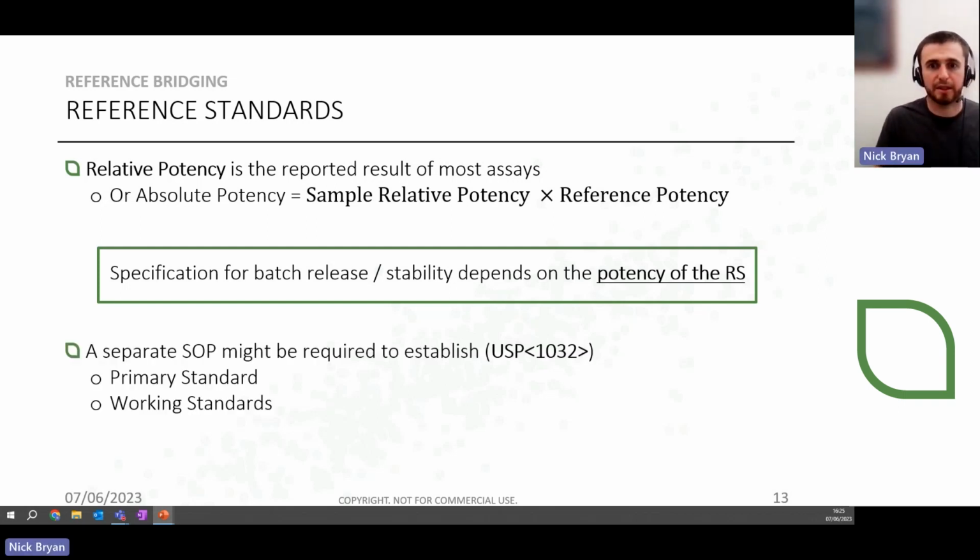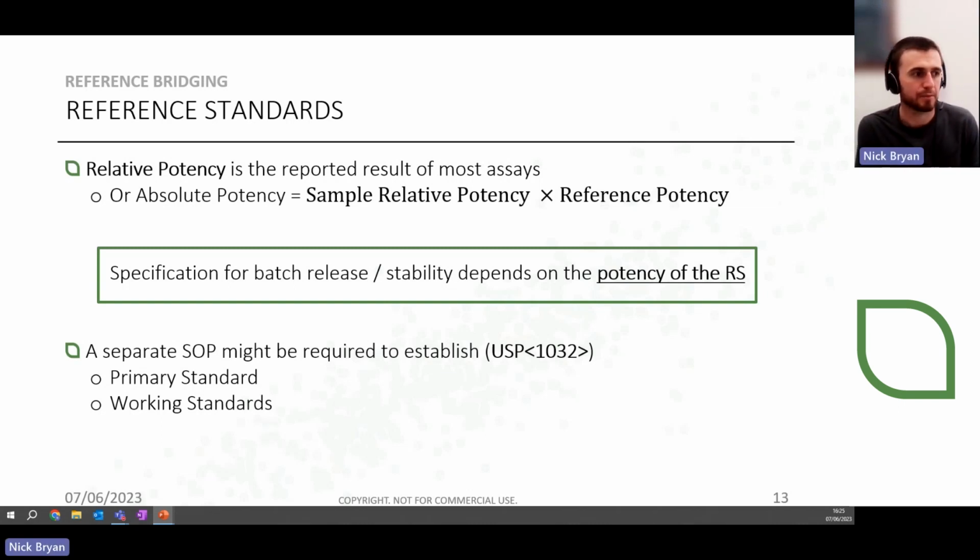So where possible, a standard should be representative of the samples that are going to be tested in our bioassay. And testing performed to qualify a standard should be more rigorous than just general routine testing for lot release.